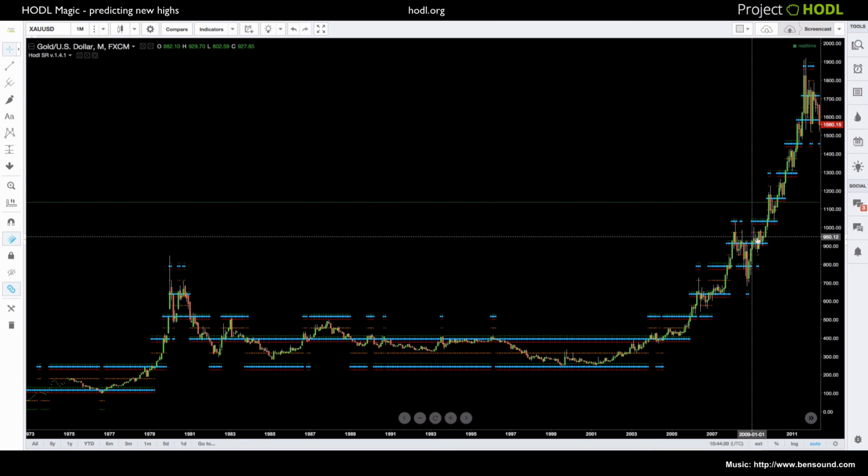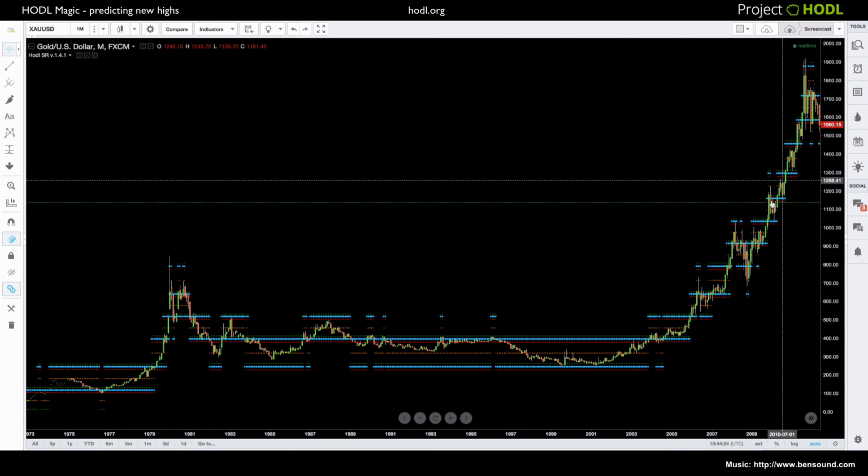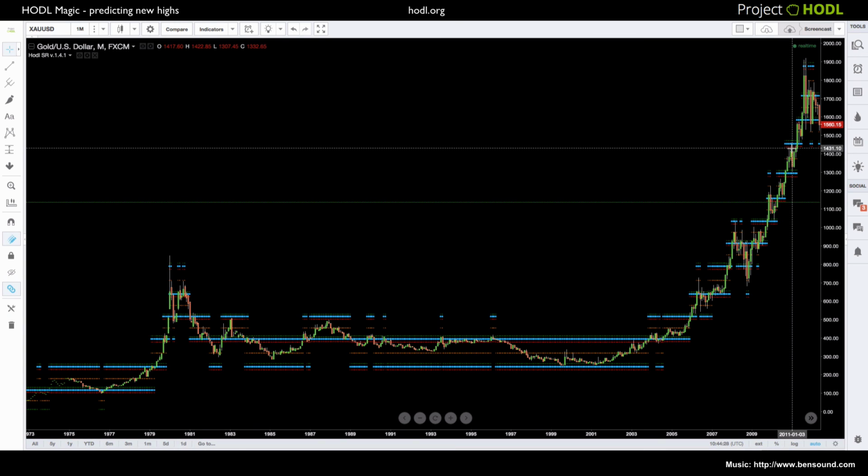You will notice immediately that the levels are kind of garbled. There are dots on every candle, so that's the first sign that the levels are not calculated correctly.